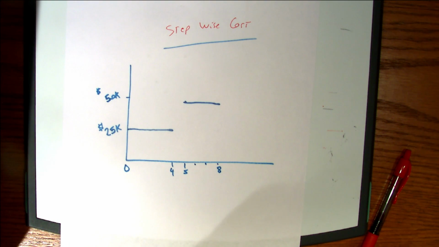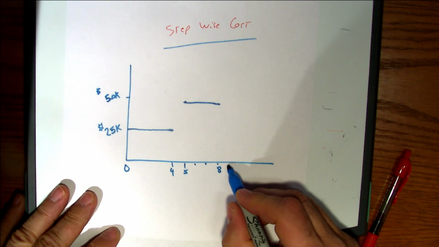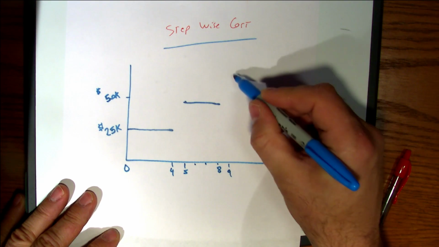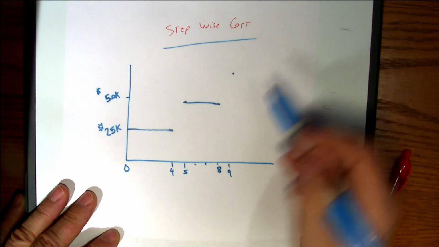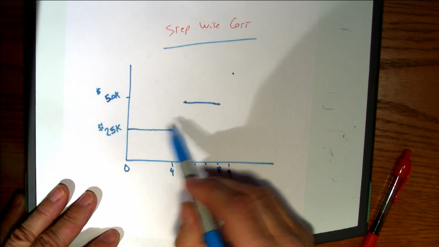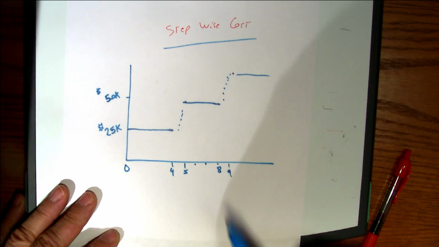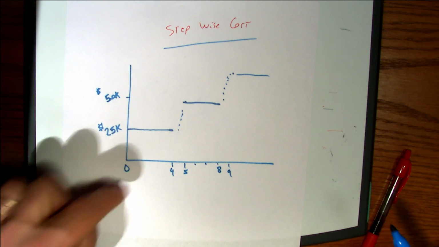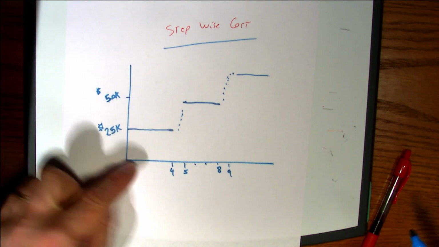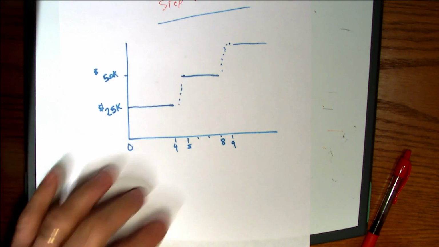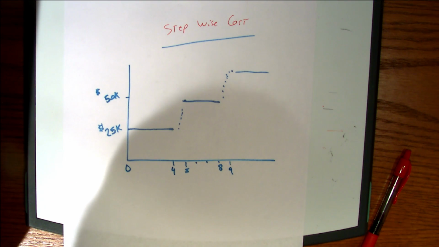You with me? And then if a 9th kid came on board, then they hired another one, right? And so you can see where this is kind of a step, isn't it? It does increase as activity changes, but it stays constant within a narrow band of activity. Cool? See what I'm saying?